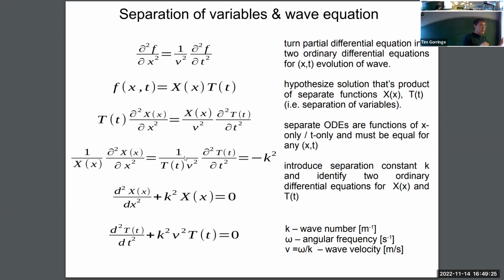Because one's only a function of time, one's only a function of space, they must be equal to one another for any space coordinate, any time coordinate. They must be equal to some constant that we would call a separation constant. I just define that separation constant here and I pull them apart. So this is separation of variables for the wave equation.